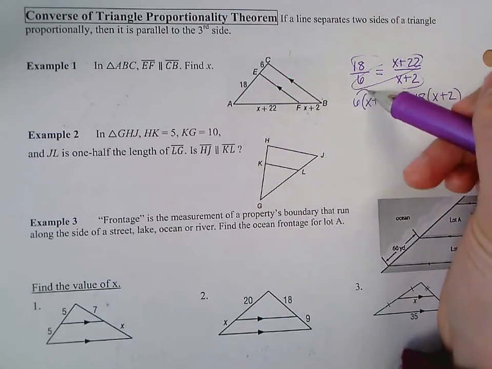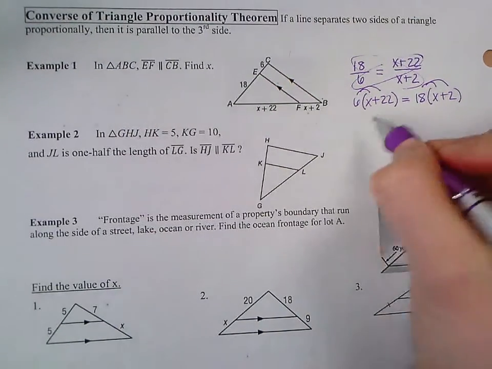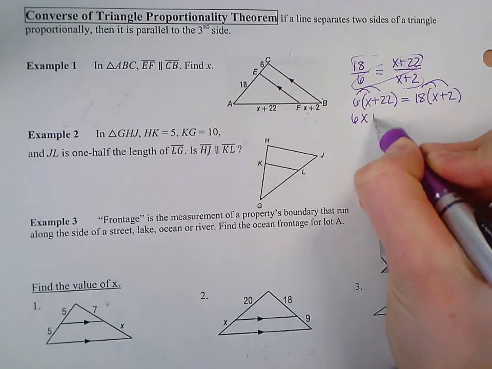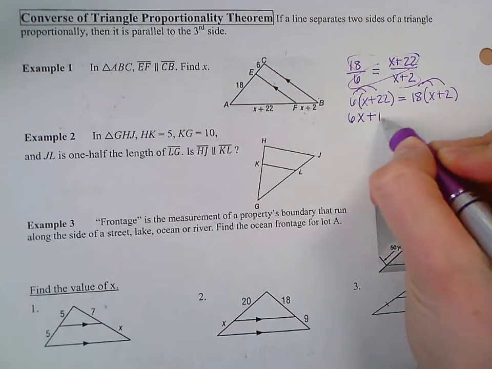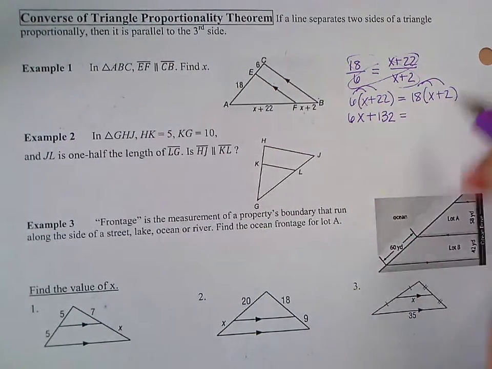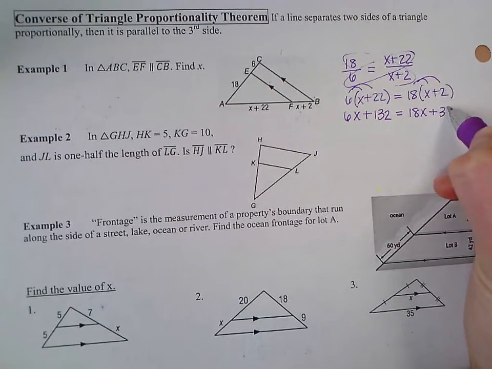So I have to distribute the 6 and distribute the 18. I would get 6x plus 22 times 6, 132, would equal 18x plus 18 times 2 is 36.